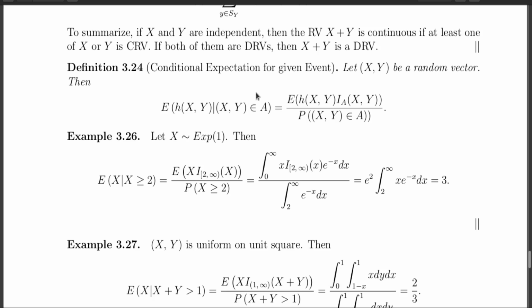So in this case, the formula is basically given by this: I need to find the expectation of h(X, Y) times the indicator function I_A(X, Y).